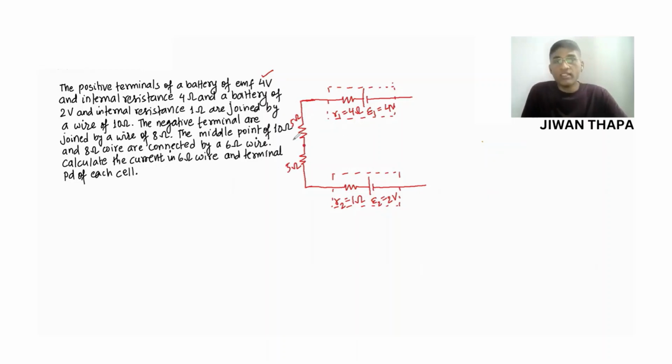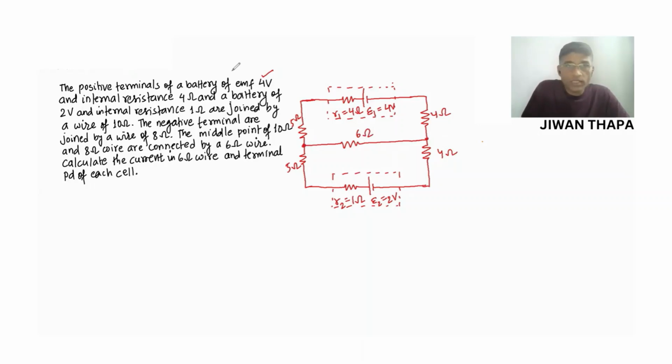They are connected in series, so the result is 10 ohm. And we have 4 ohm, 4 ohm, and they combine to give 8 ohm. So this is the midpoint, and it is connected by a wire having resistance 6 ohm.